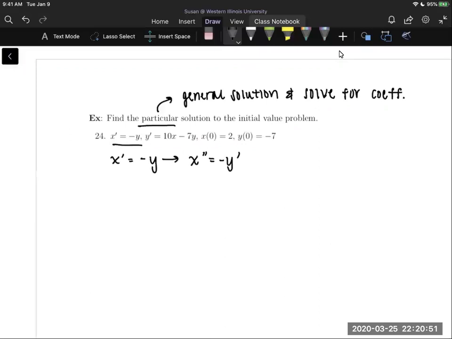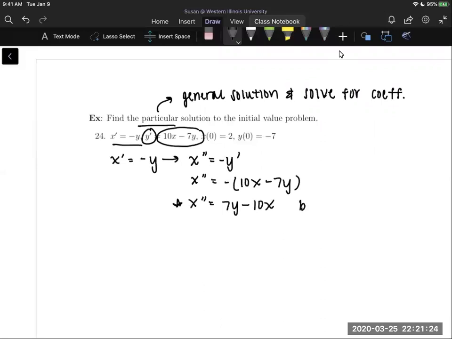And then, of course, substituting in for y prime, 10x minus 7y, I get x double prime equals negative 10x minus 7y, or x double prime equals 7y minus 10x. Okay, so right now I have a second order DE right here, but the bad news is that I have x's and y's mixed in. So I can't at this moment use my methods from chapter 3.